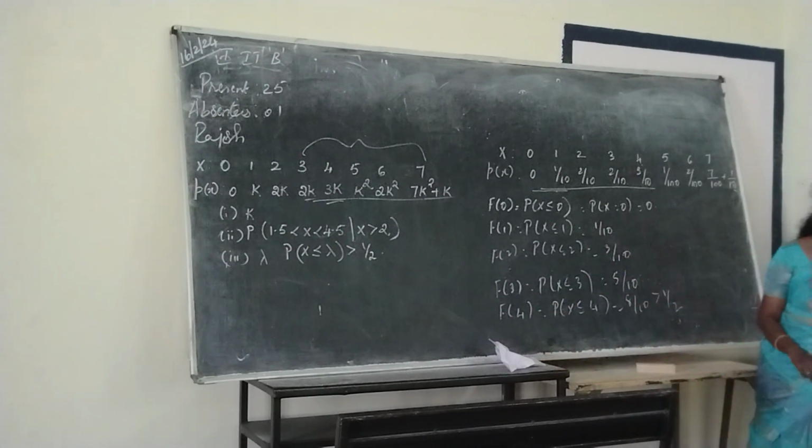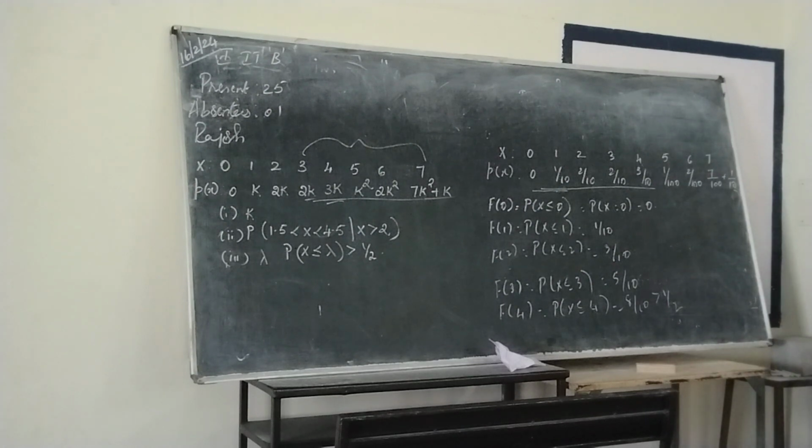Okay, so write the definition. The smallest value of lambda such that probability of capital X less than or equal to lambda is greater than 1 by 2 is 4.